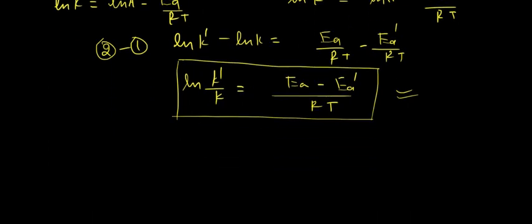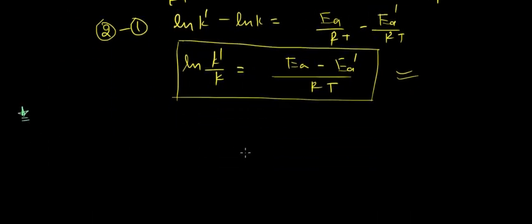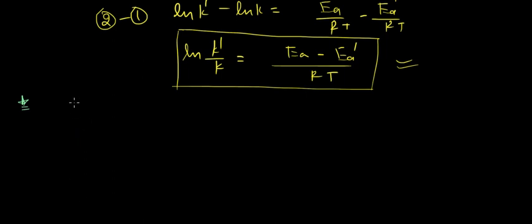We can also have a negative catalyst, which can actually increase the activation energy of the reaction. Suppose we have a graph of potential energy and reaction coordinate.